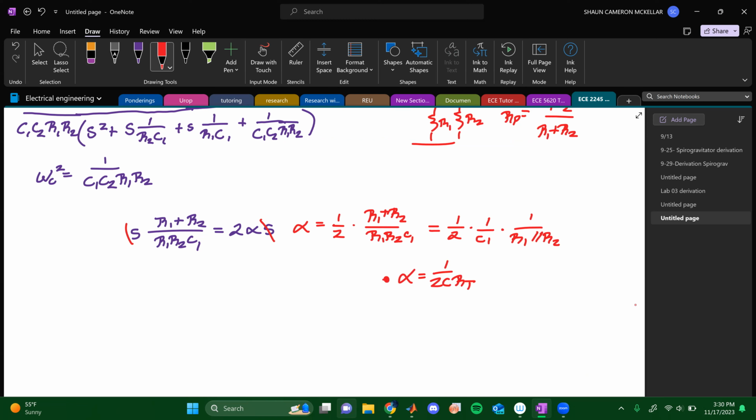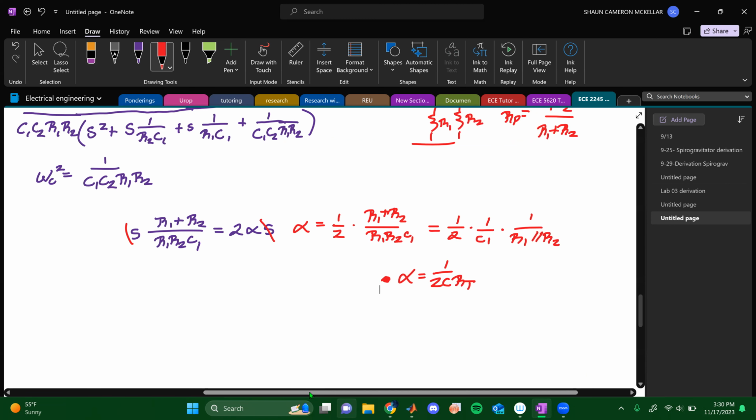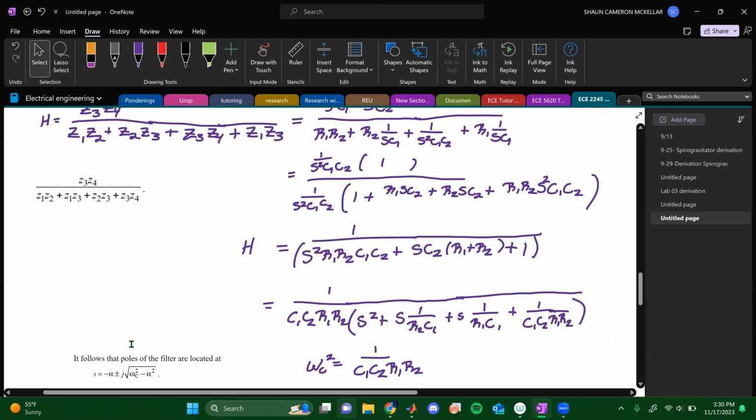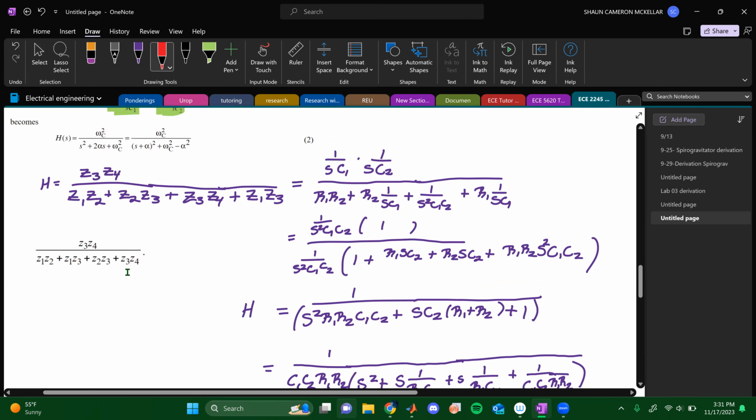You may or may not remember this from the first lab, but this is generally the case for our RLC circuits. So that's pretty cool. This is a deep concept in this course, that RLC circuits have this sort of quadratic function going on there. So pretty exciting, I thought.